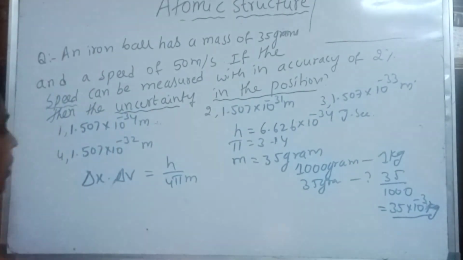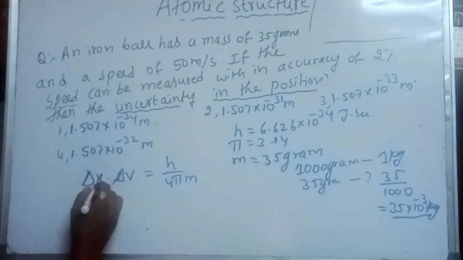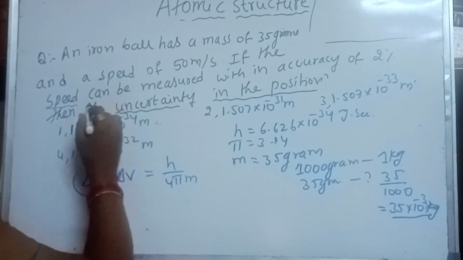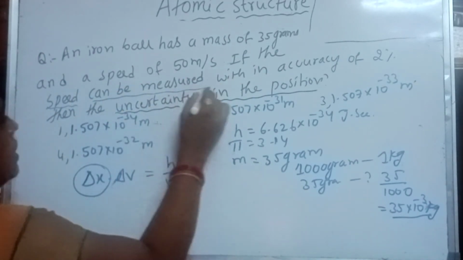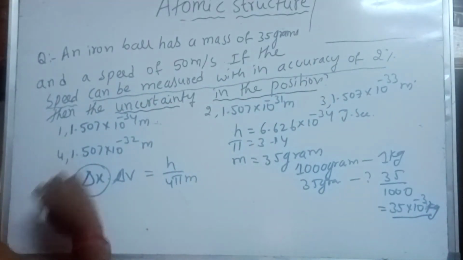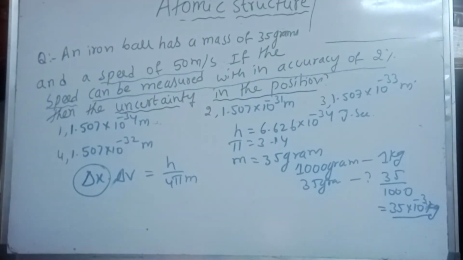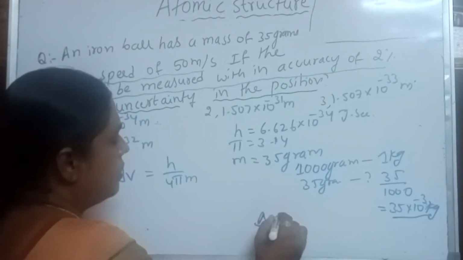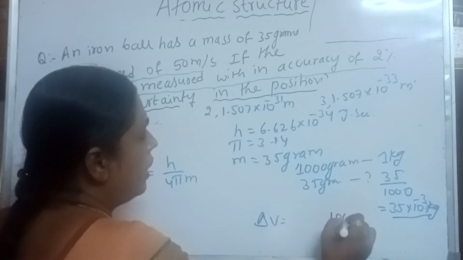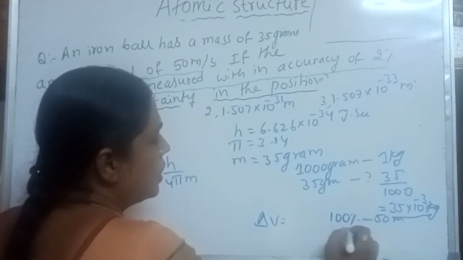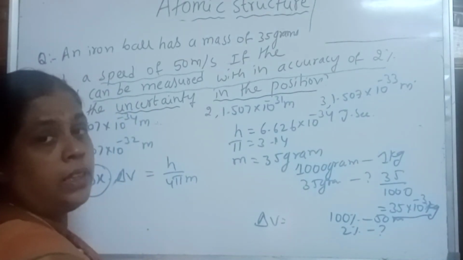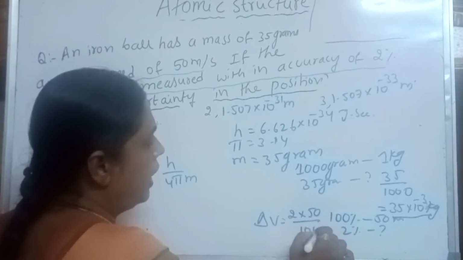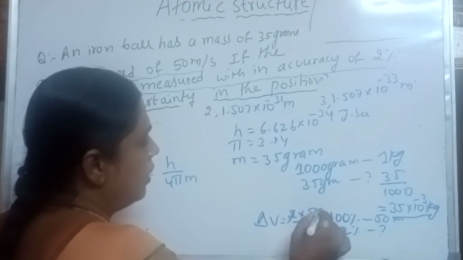Next, we have to calculate the uncertainty in position. In the problem it is given that the speed can be measured with an accuracy of 2%. The actual speed is 50 meters per second, but with 2% accuracy, how do we calculate delta v? For 100%, it is 50 meters per second, so for 2% it is 2 into 50 by 100, which is 1 meter per second.